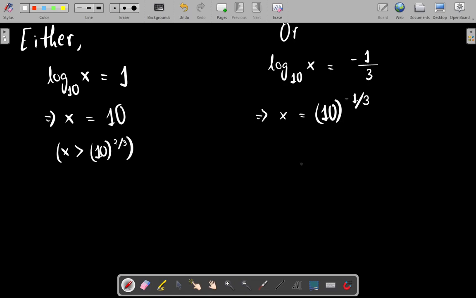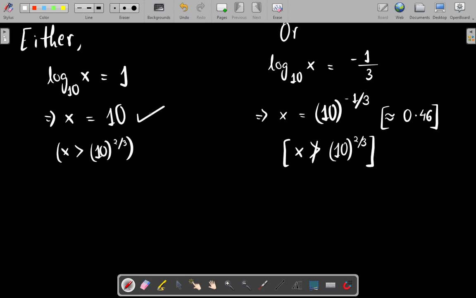Whereas if we take the other value, it is approximately 0.46 something; I think it is 0.46 if you do it in the calculator. So this does not satisfy condition 1. This value is 0.46, whereas the bound is 4 point something, 4.64 I think. So this is the only solution that we have here.